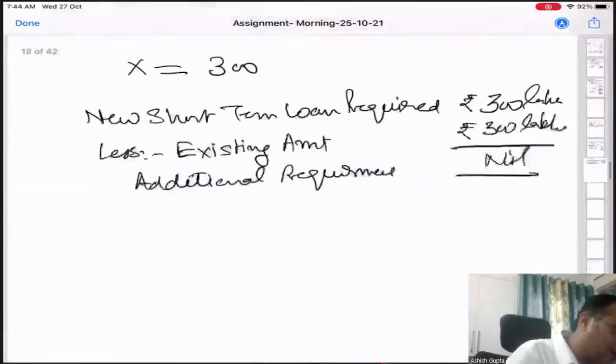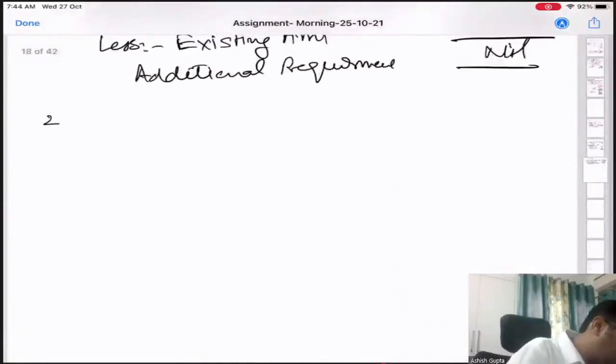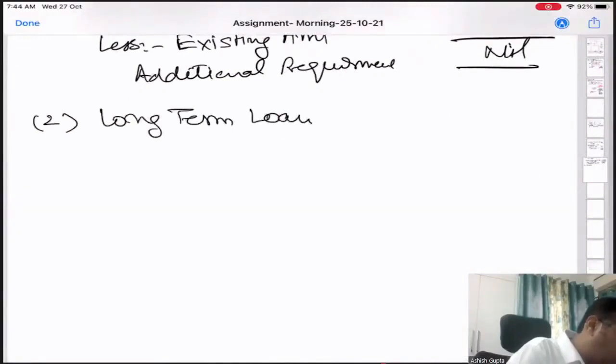Now let us come to the second part, long-term fund requirement, long-term loan.